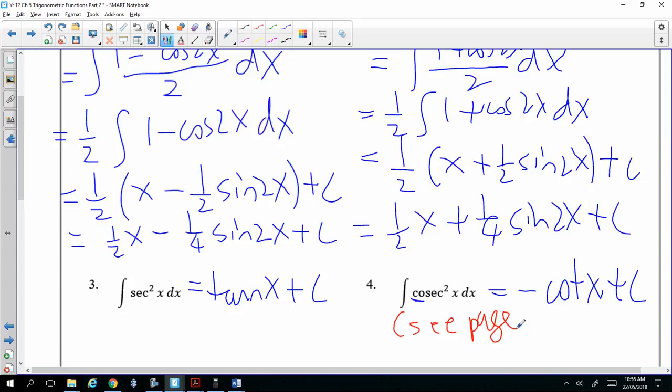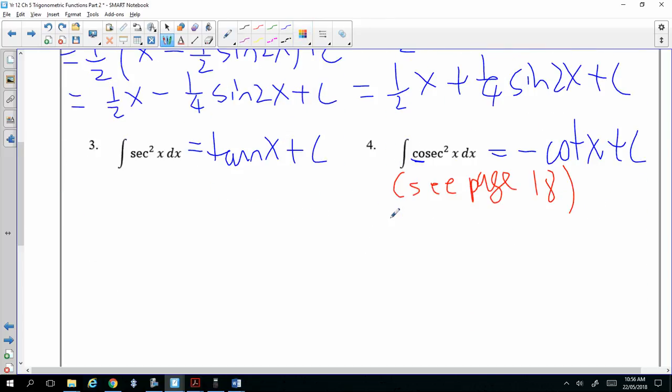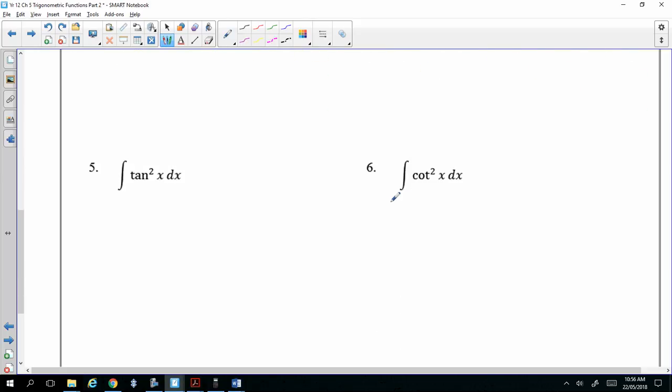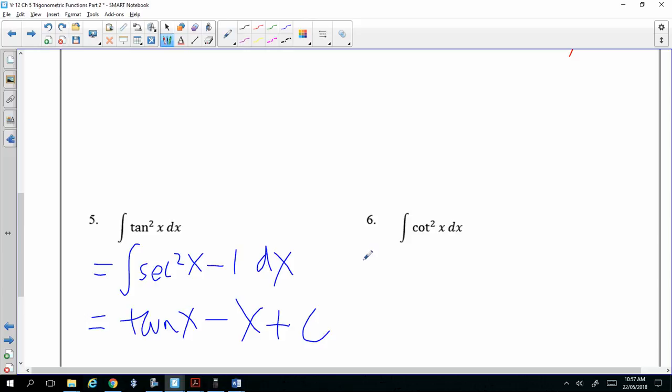Alright, and also there is tan square x. Now tan square x, you have to write that as sec square x minus 1 dx. Then you write tan x minus x plus c. Like that. Okay, like this. The other one, you should change the cot square.